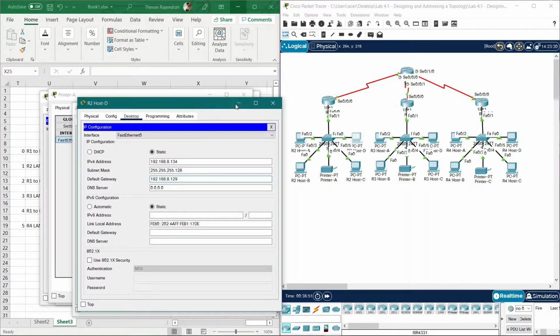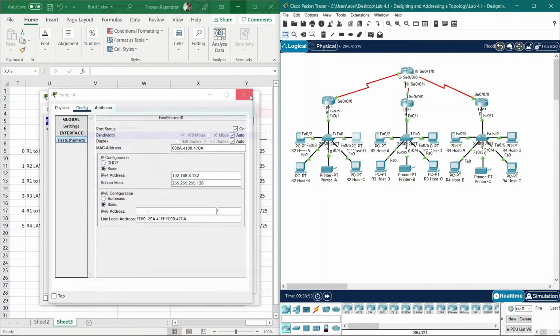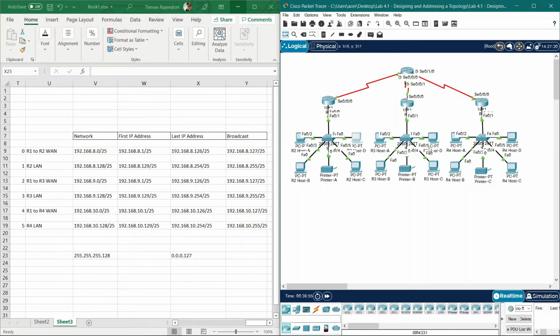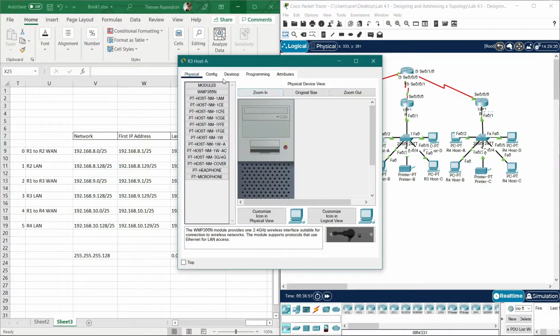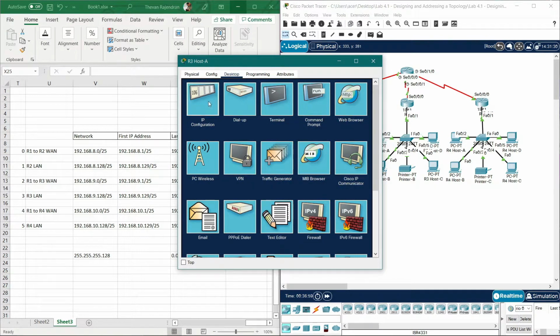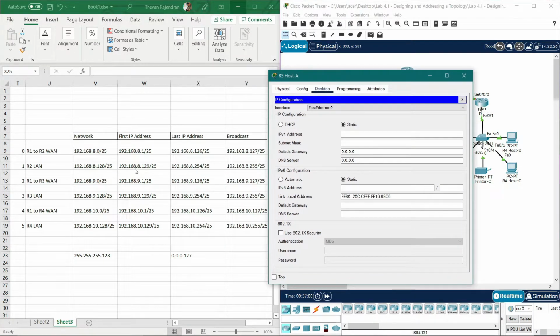And that's for the R2. Now let's move on to the R3. R3 starts with 192.168.9.130.